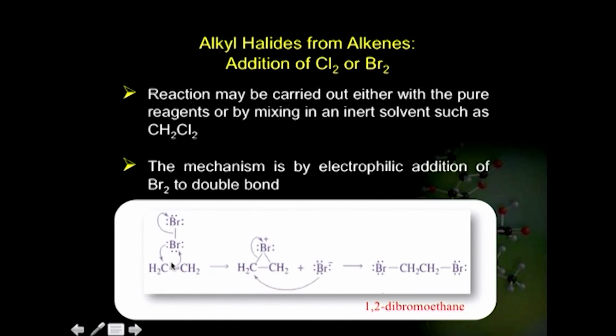So, you can see here that this is a bromine molecule adding to this ethylene molecule, and here is the formation of a bromonium ion, and finally the dibromoethane molecule is generated.